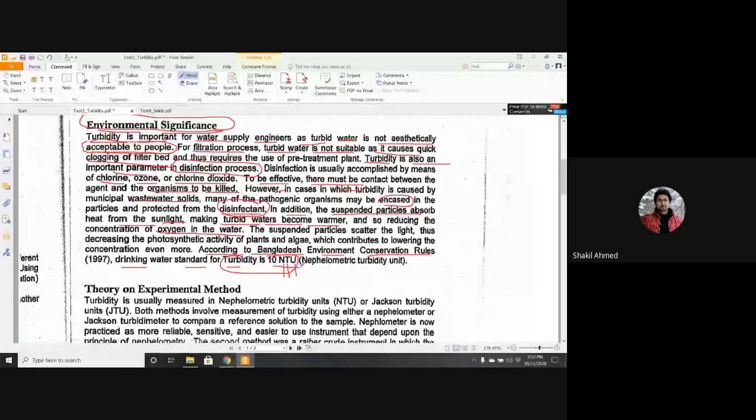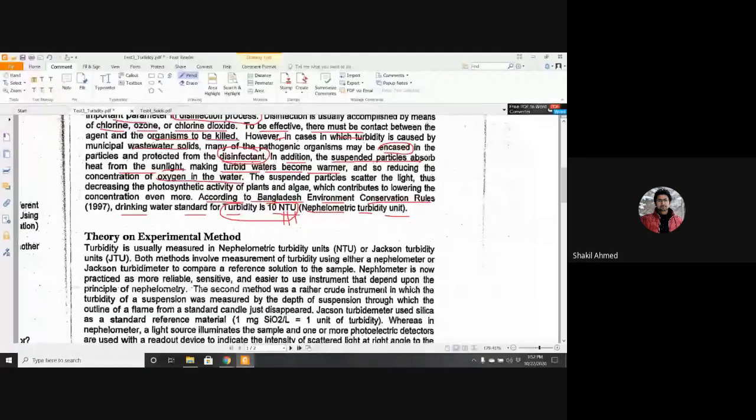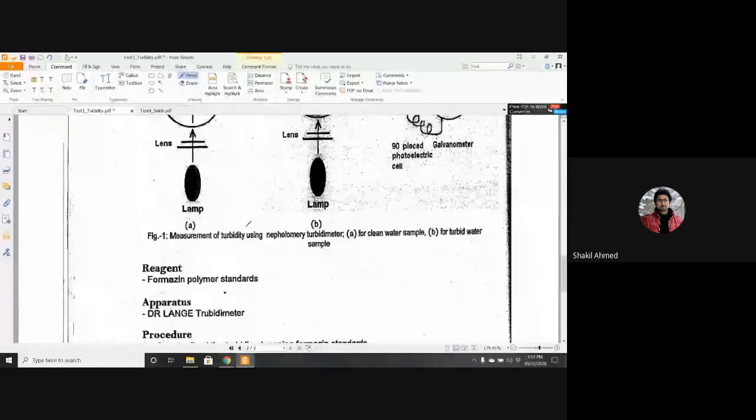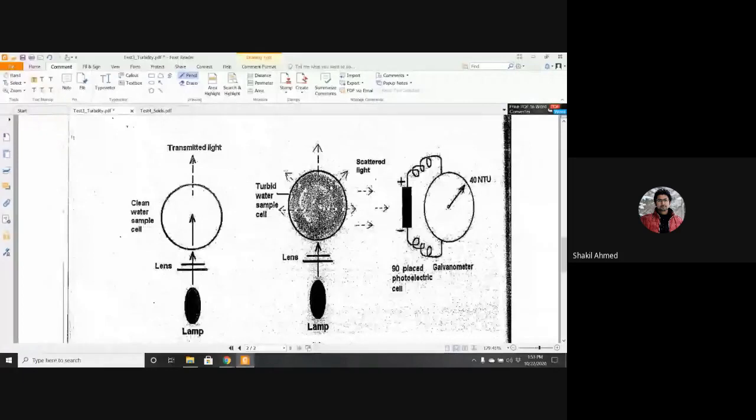Where does this name come from? Because we use the nephelometric method to estimate the turbidity in water usually, so it is called turbidity. What happens? That is very easy. This is your sample. This is the lamp or light source. If there is no turbidity, the light can directly pass through.